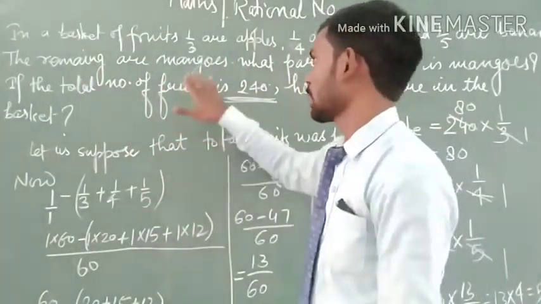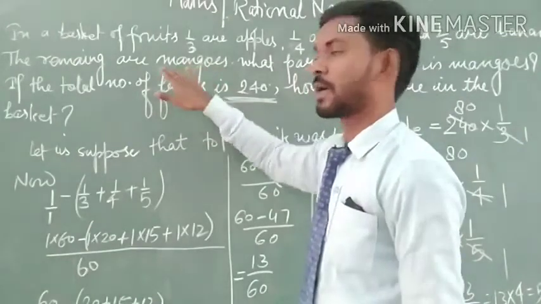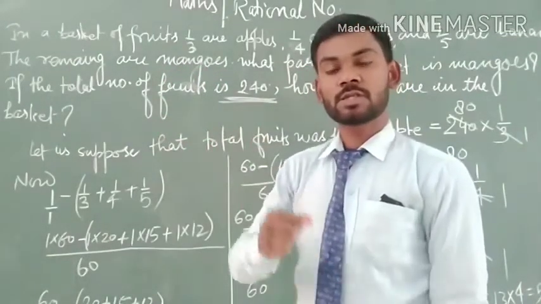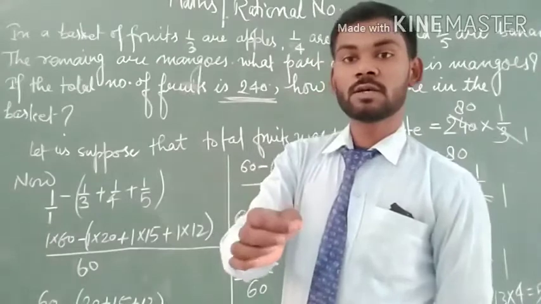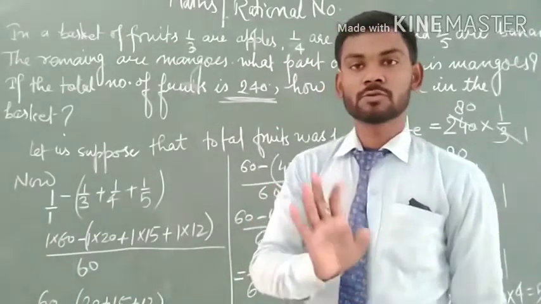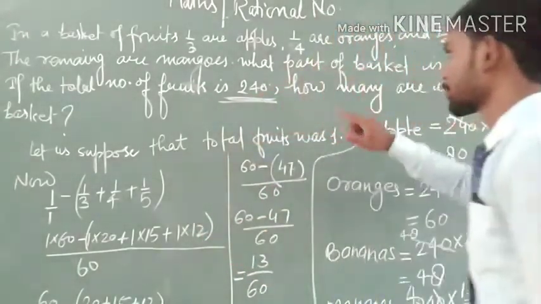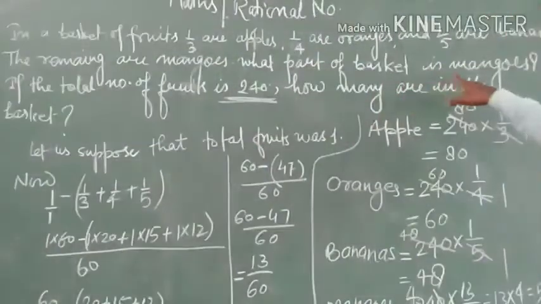Okay, there is no amount of mango given. That means it is obvious we have to find the amount of mango. Okay, so what part of the basket is mango? This is the first question.